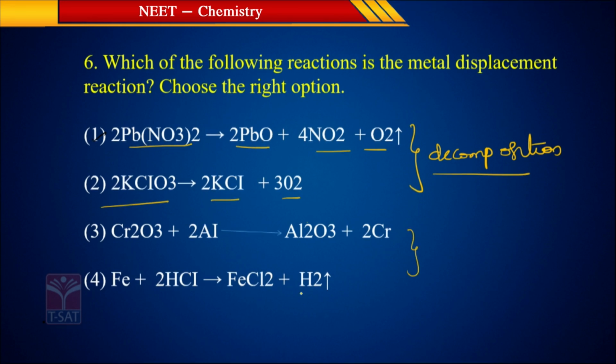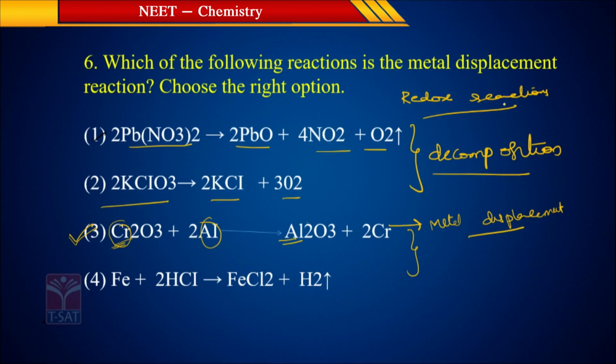The other reactions are displacement reactions, but in the third option particularly a metal is displaced: chromium is displaced by aluminum. So the third option is correct. This question is from redox reactions.